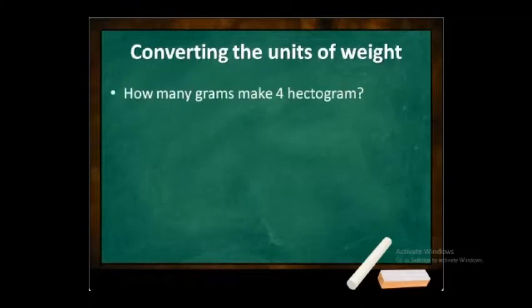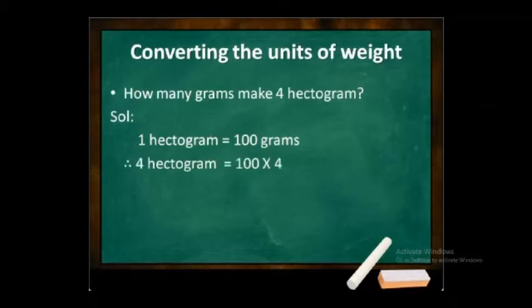The next one: how many grams make 4 hectograms? So 1 hectogram is how many grams? It is 100 grams. So 4 hectograms is equal to 100 into 4.